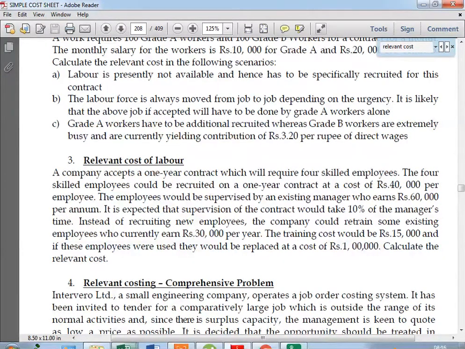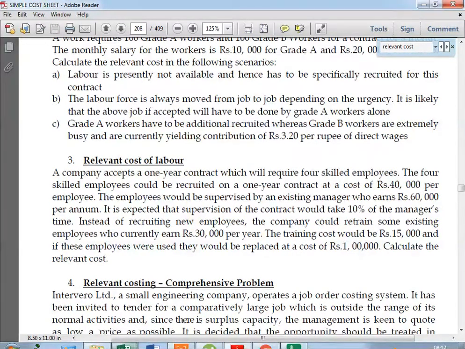The relevant cost of the workforce is the lower of the two. Since option 2 is lower, what are we going to do?